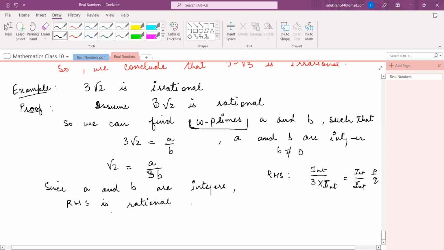So root 2 is rational. But this contradicts the fact that root 2 is irrational.